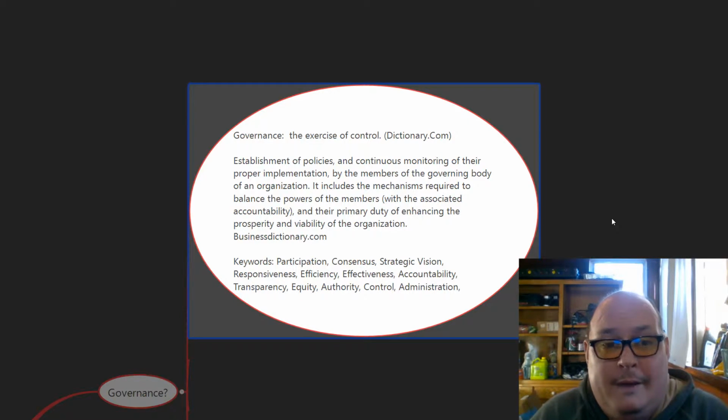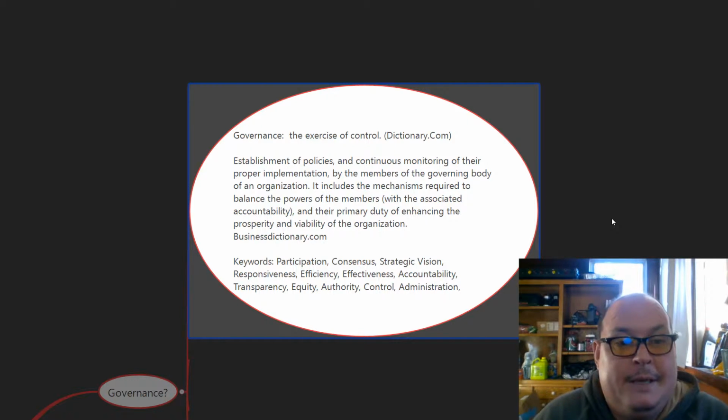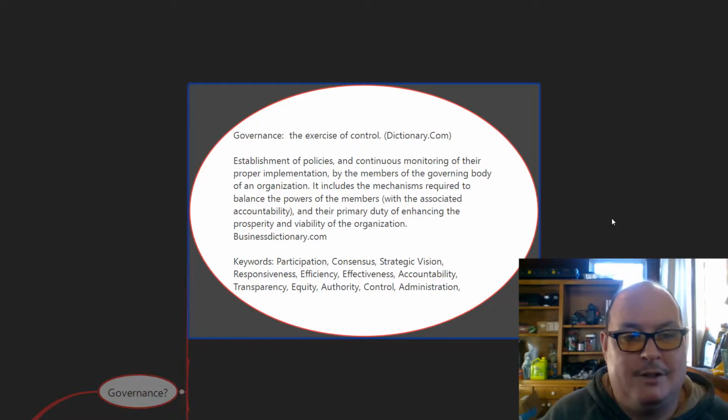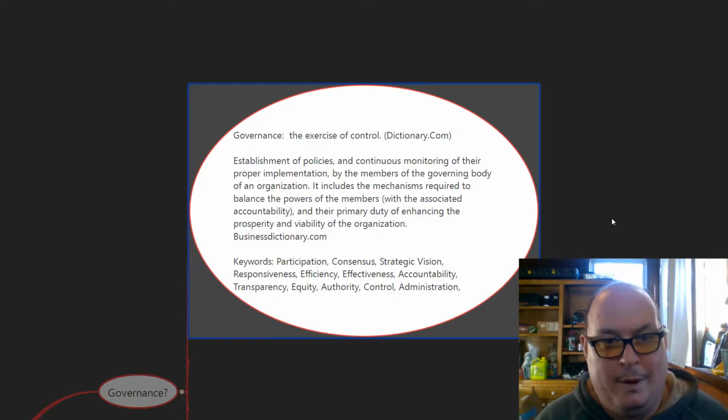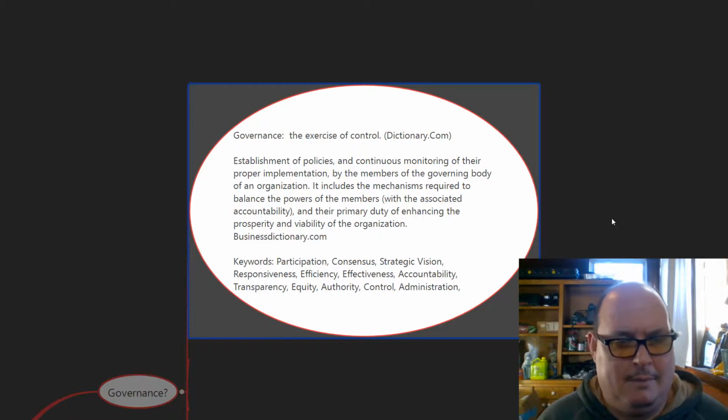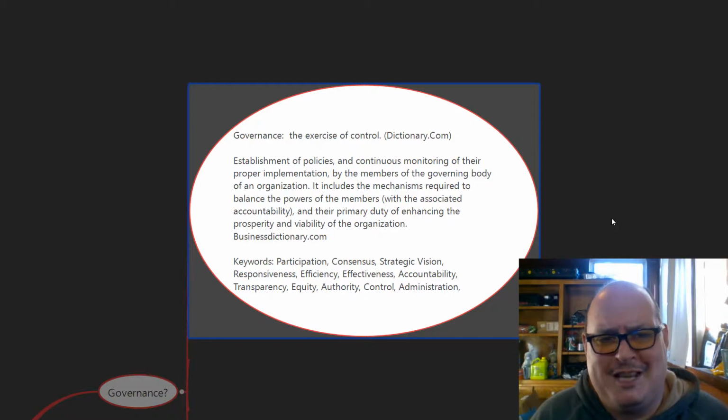I found a better one from businessdictionary.com: establishment of policies and continuous monitoring of their proper implementation by the members of a governing body of an organization. It includes mechanisms required to balance the powers of the members with the associated accountability and the primary duty of enhancing the prosperity and viability of the organization.